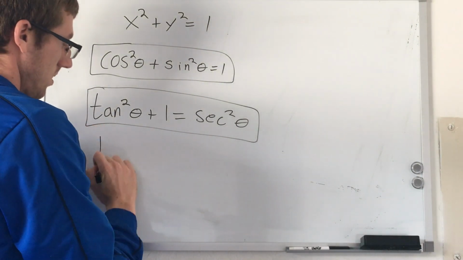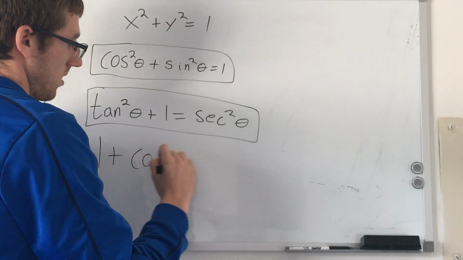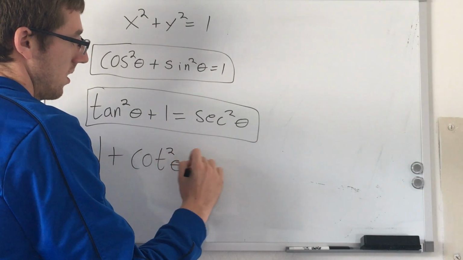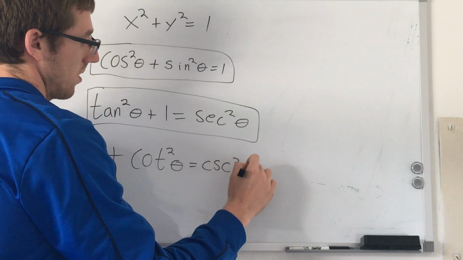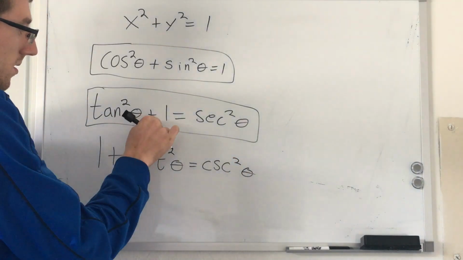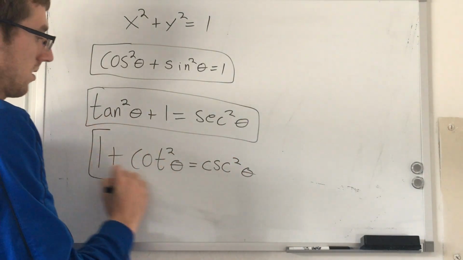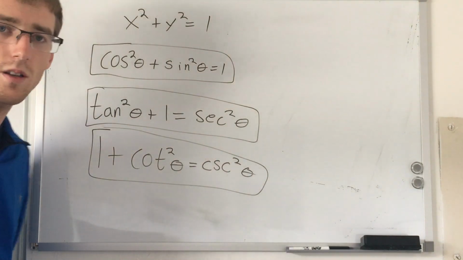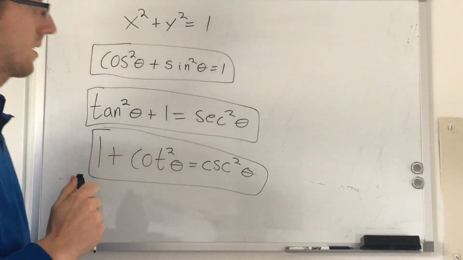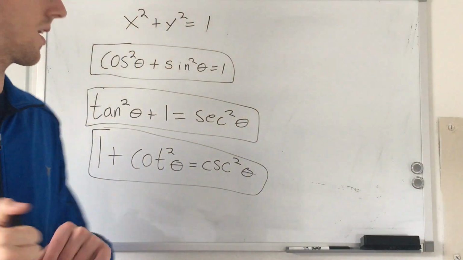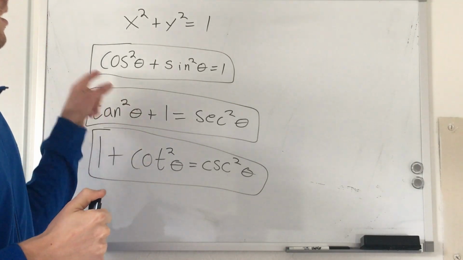And the last one is 1 plus cotangent squared theta is equal to cosecant squared theta. Right? These are very similar. Those are called the Pythagorean identities, because you use the Pythagorean theorem to get them.